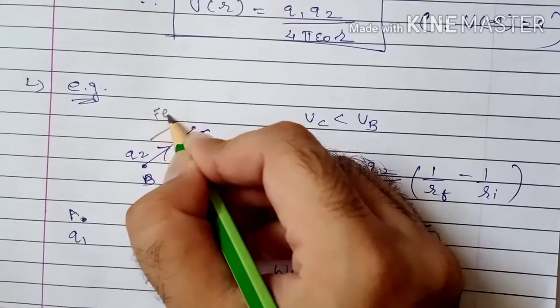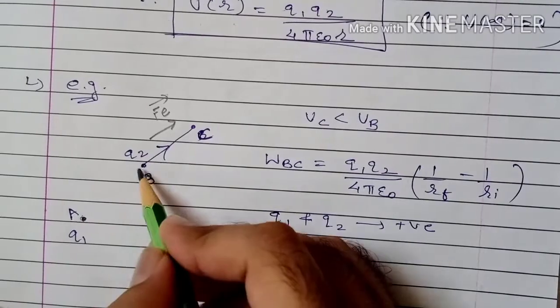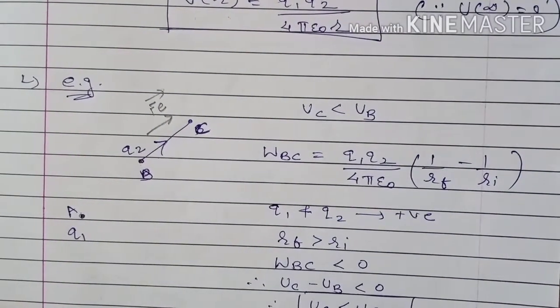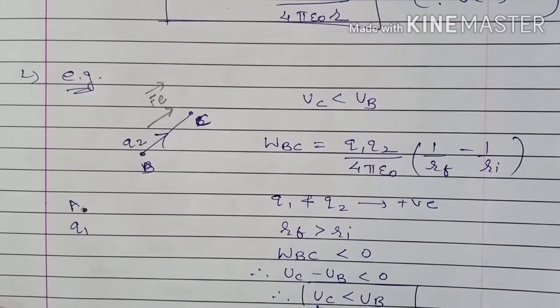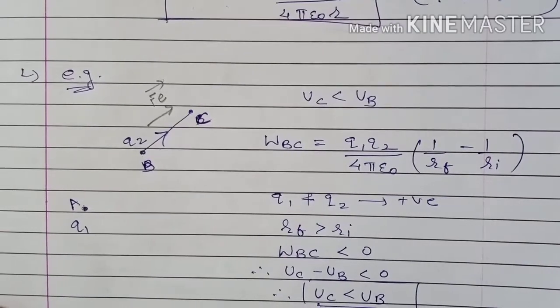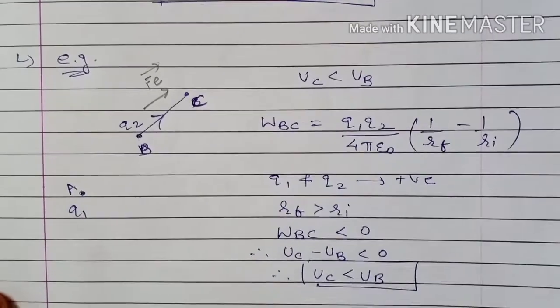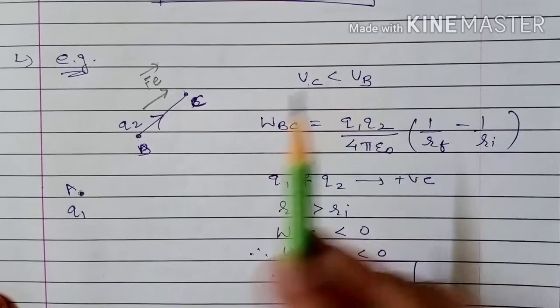So Fe, that is the electric force, will be in this direction, and the motion of the charge is also in the same direction. Here the electric field does the work, therefore that work done will be negative. Therefore final potential energy will be less than initial potential energy.